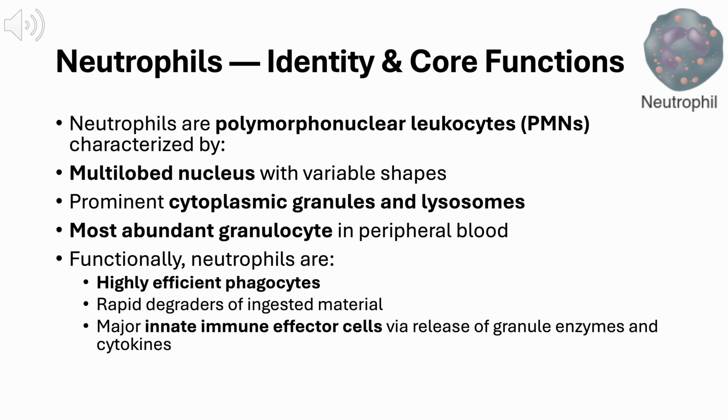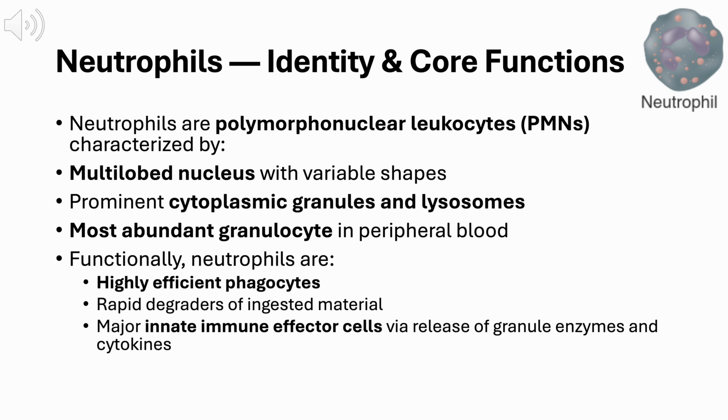We'll begin with neutrophils, one of the major myeloid cells of the innate immune system. Neutrophils are polymorphonuclear leukocytes, or PMNs, named for their characteristically multi-lobed nuclei. As illustrated in the upper right, they also contain prominent cytoplasmic granules and lysosomes, which store the enzymes needed for rapid microbial killing.